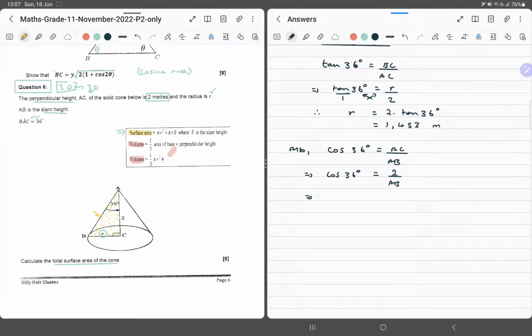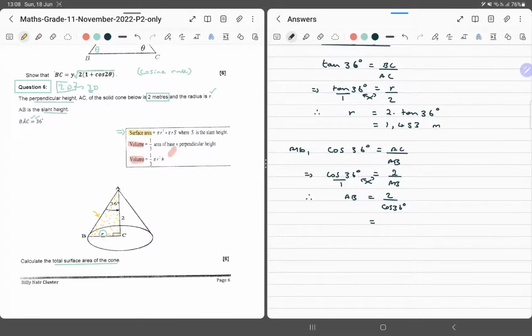We can say this implies that AB, of course this is over 1, and then cross multiply and sort things out. AB is going to be equal to 2 over cos 36 degrees.